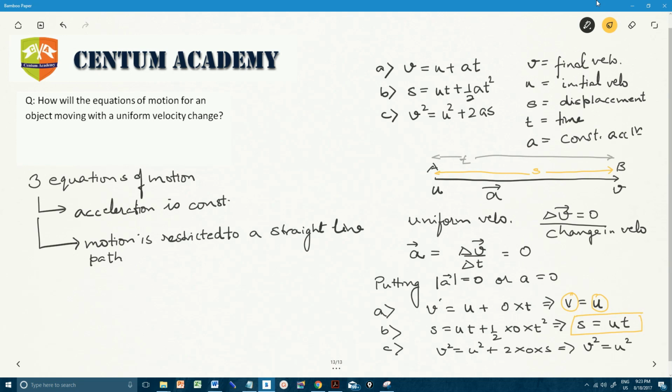So s represents the distance, and u is the initial velocity which remains constant throughout the motion. So the velocity times time will give you the displacement or distance in this case, and v square is equal to u square is nothing but the same thing, v is equal to u. So all through the motion v remains the same. So this is how the equations will change the moment the body is moving with uniform velocity.